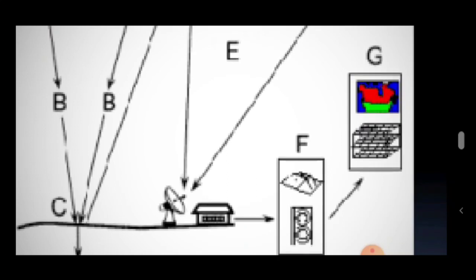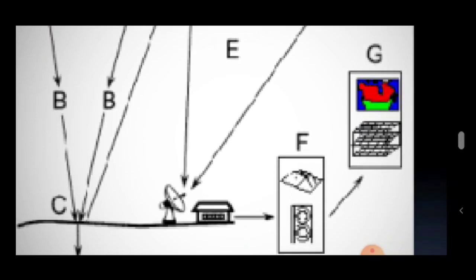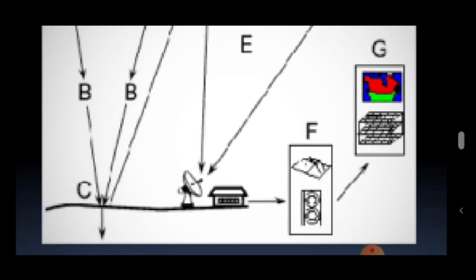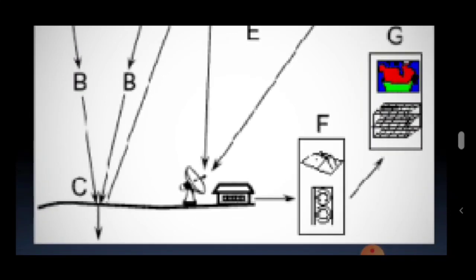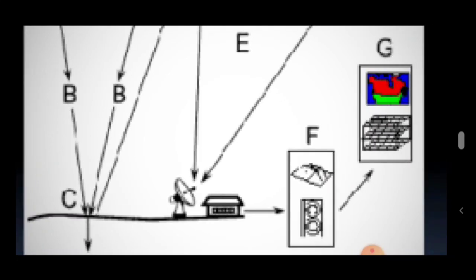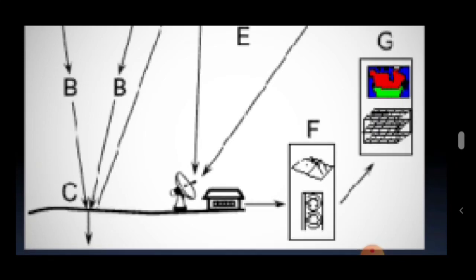It needs to be done because it needs to be received or processed to have this processed data as an image, or you can say hard copy or digital copy.